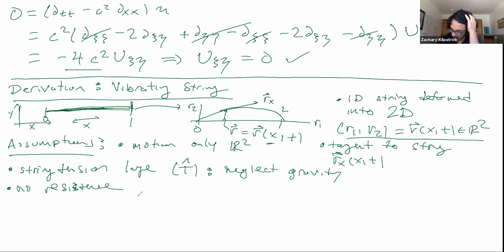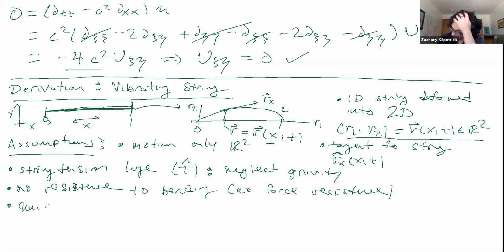There's also going to be no resistance to bending, so no force resistance. And also we're going to have a uniform cross-section area A. So if you looked at the inside of the string, it's a cord whose cross-section is circular.